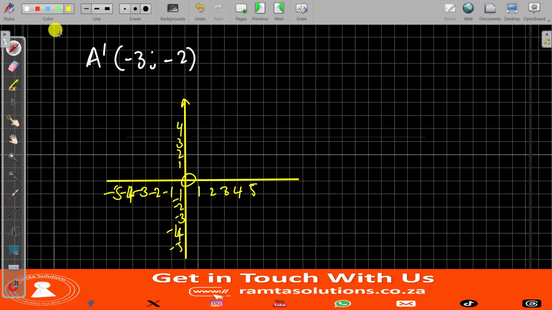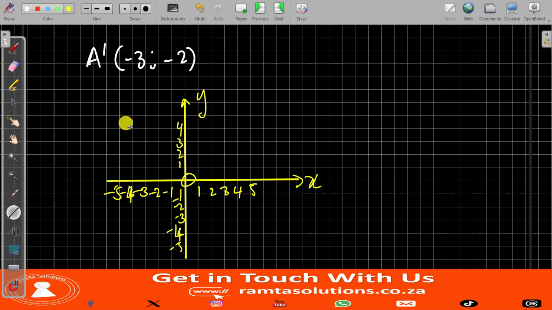Okay, so we are reflecting on the line y equals negative x. If we are reflecting on the line y equals negative x, it will be quite interesting. If y is 1, y will be negative 1. Just like that.